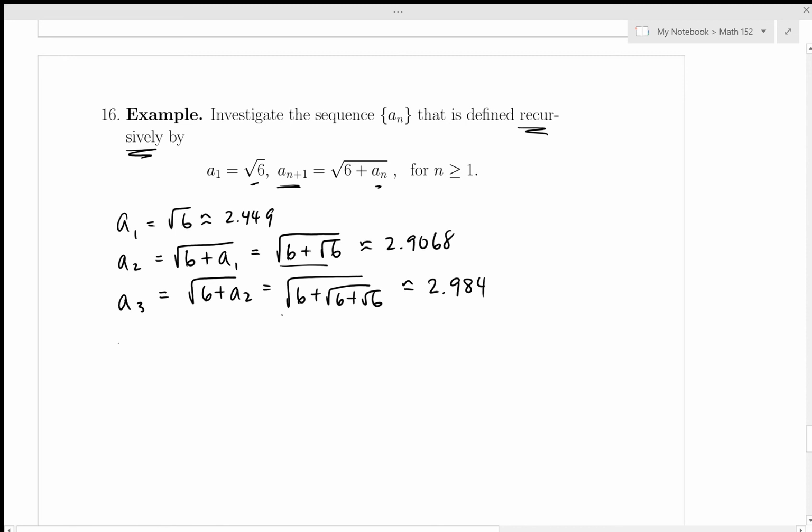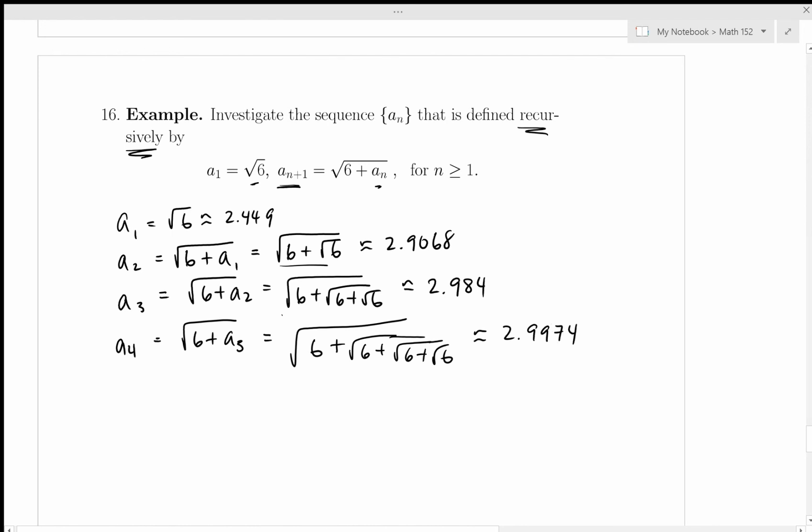And then I'll just do one more. a4 is the square root of 6 plus a3, which is the square root of 6 plus the square root of 6 plus the square root of 6 plus the square root of 6. So I think it looks quite pretty. Good wallpaper.